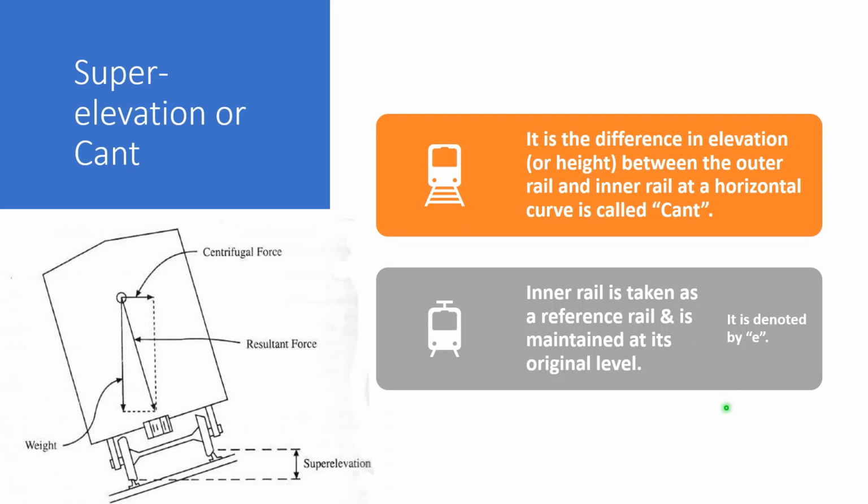The inner rail is taken as the reference rail and is maintained at the original level, whereas the outer rail is raised with respect to the inner rail, and usually this is denoted by E. The inner rail, which is kept as the reference rail, is also known as the gradient rail. By providing super elevation, it equalizes the weight on either rail.